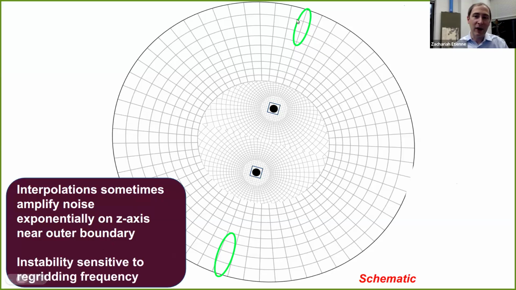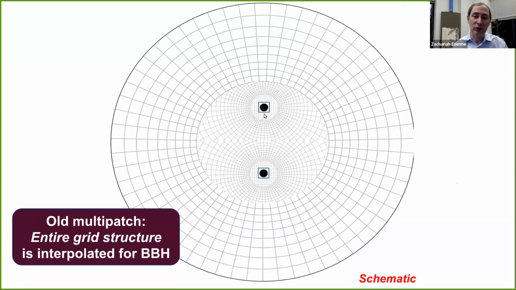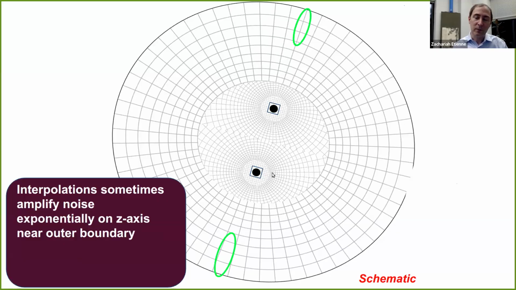And I found that if I choose the regridding threshold, so remember, we're regridding here. We're interpolating all the data on this grid to this grid, basically, as the black holes orbit. And what I found was if I set my regridding frequency just right, such that the interpolation error is minimized, right?